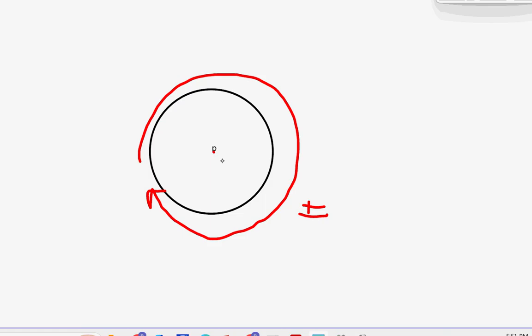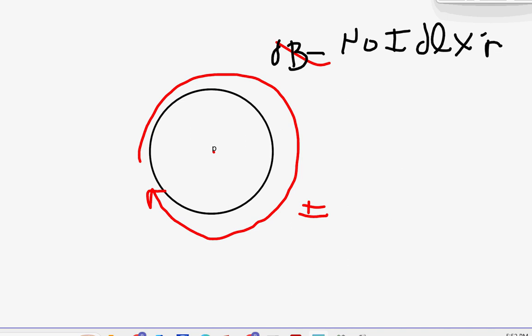So Biot-Savart is going to be the differential magnetic field dB equals mu naught I dl cross r hat over 4 pi r squared.